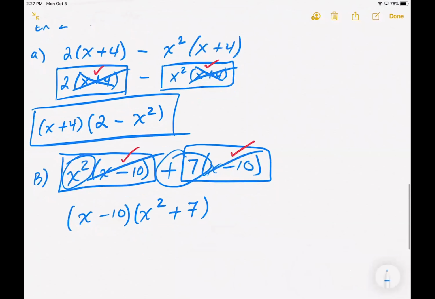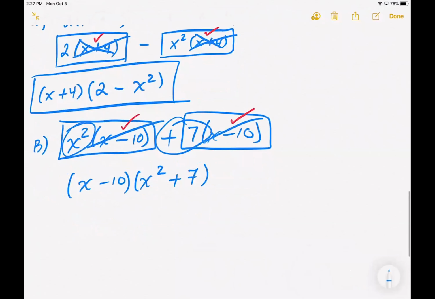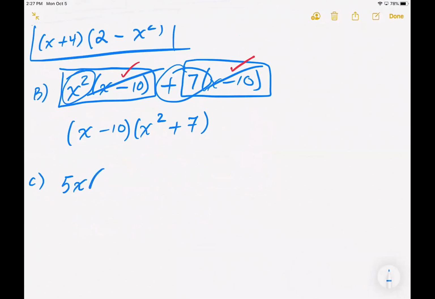So let me give you another one and ask you to do this one here. Let's say I give you 5x times y plus 3, minus 7y times y plus 3. Again, it doesn't matter what the problem is. All you need to ask yourself is, do I have something in common?